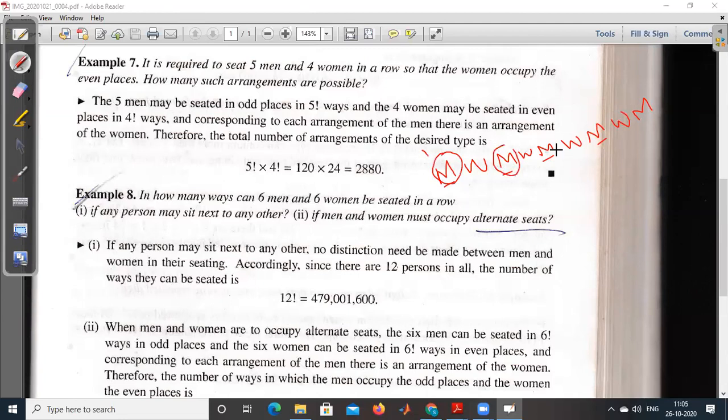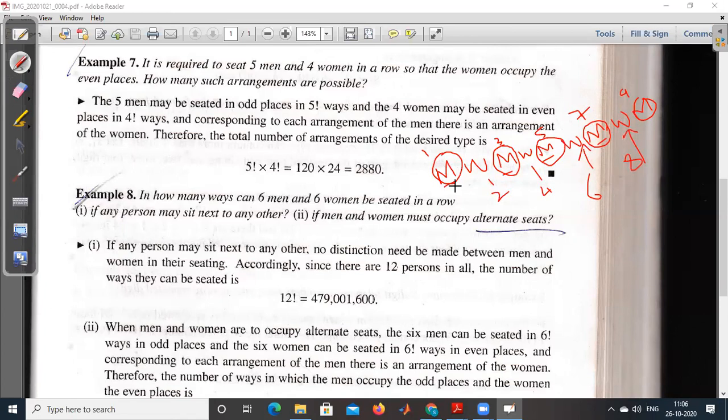This is position 3, this is position 5, this is position 7, this is position 9. The women take positions 2, 4, 6, and 8. The men may be seated in odd places, so these are the odd places, 1, 3, 5, 7, 9.